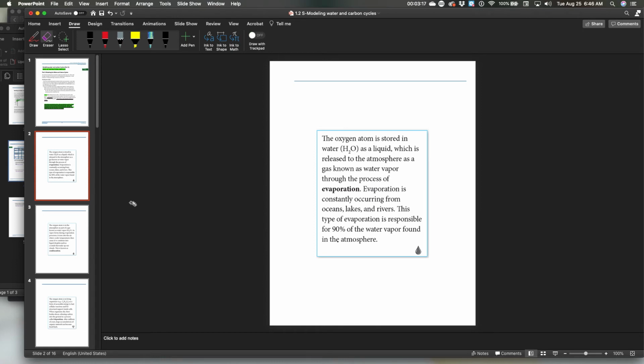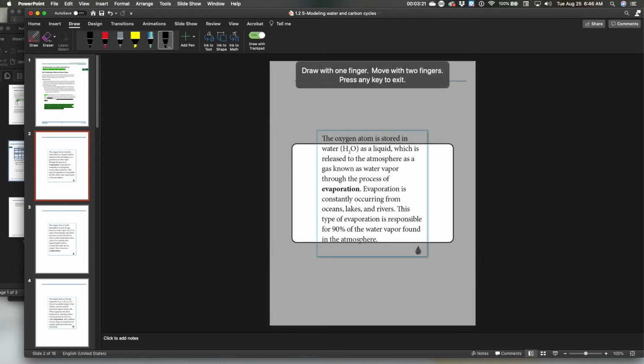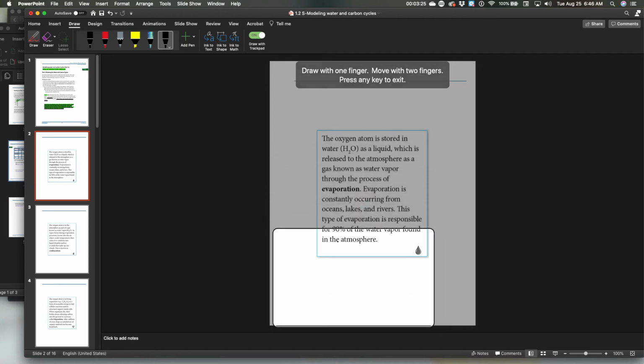All right, so when you go to your drawing for this, I would probably start with the first thing it says: the oxygen atom is stored in H2O as liquid. So down here, we're going to make a lake. Okay, and I'm doing this on a trackpad, so don't make fun of my drawing. And then down here, I have H2O molecules, right?